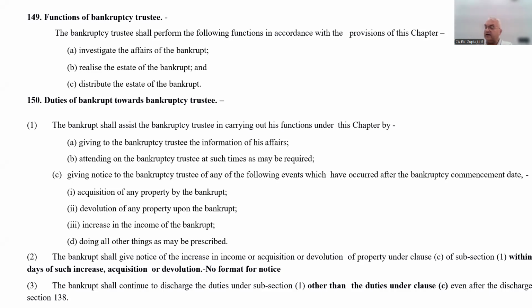The section you can find when the word bankruptcy estate is defined. Now we have to see where the bankruptcy estate has been defined. Is it given in section 79? No, sir. It is not there in section 79.